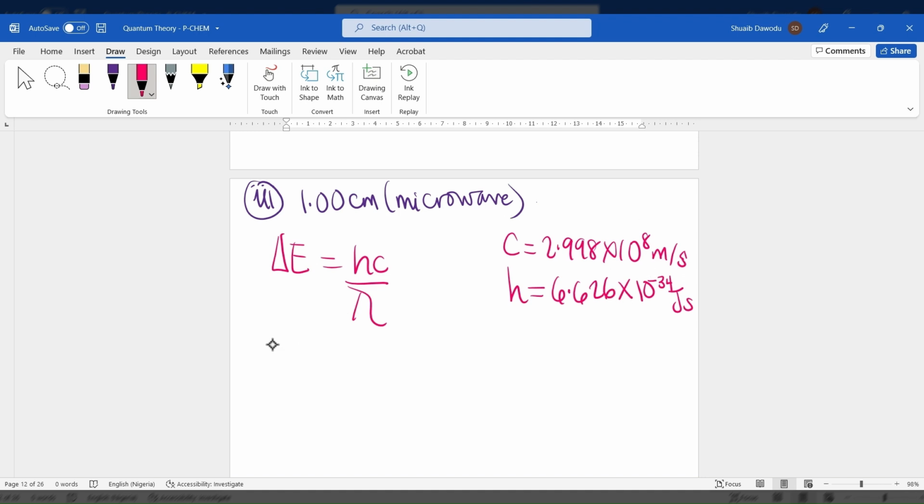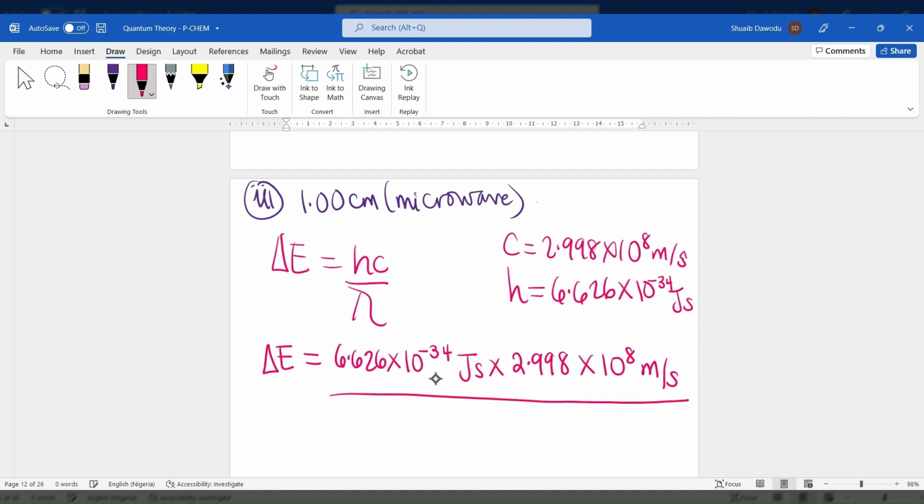This is another one. So the energy of a photon is just simply 6.626 times 10 raised to the power of negative 34 joule seconds times 2.998 times 10 raised to the power of 8 meters per second divided by lambda, which is just 1.00 times 10 raised to the power of negative 2 meters.